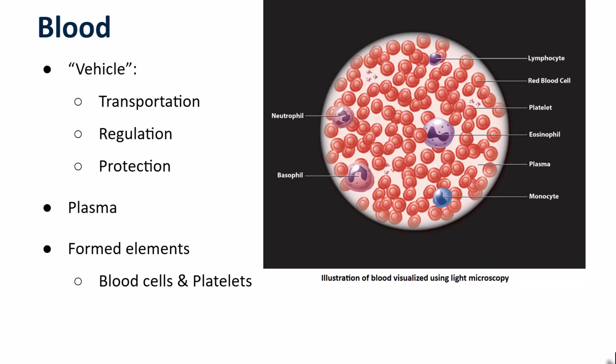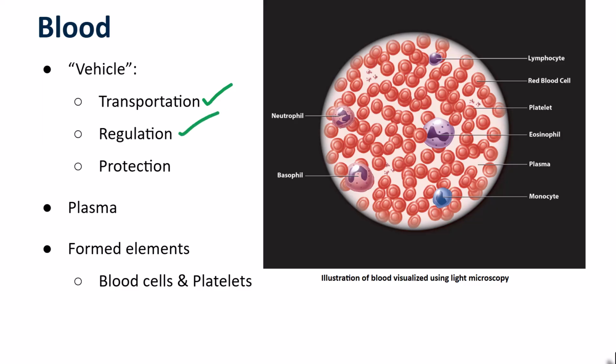Here is an illustration of what one might see visualizing a sample of blood through light microscopy. Blood is the vehicle that is distributed by the heart and the vasculature, and it has three major functions: transportation, moving stuff around the body, delivering nutrients, hormones, picking up waste products, and delivering them to the appropriate system for final disposition.